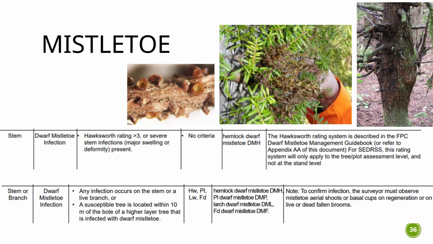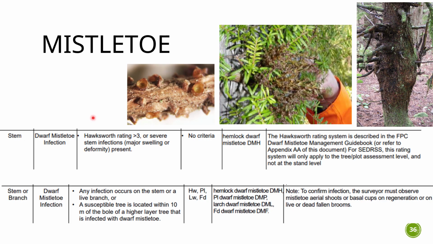Okay, before we move on, I want to quickly cover mistletoe since it can be very problematic if it's not identified at the pre-harvest stage and then addressed during harvesting. It's also a good example for demonstrating how the damage criteria can differ between the understory layers and the overstory layer 1. Okay, so right here we have the damage criteria for layer 1 trees, and this is from table 27 of the FS660.